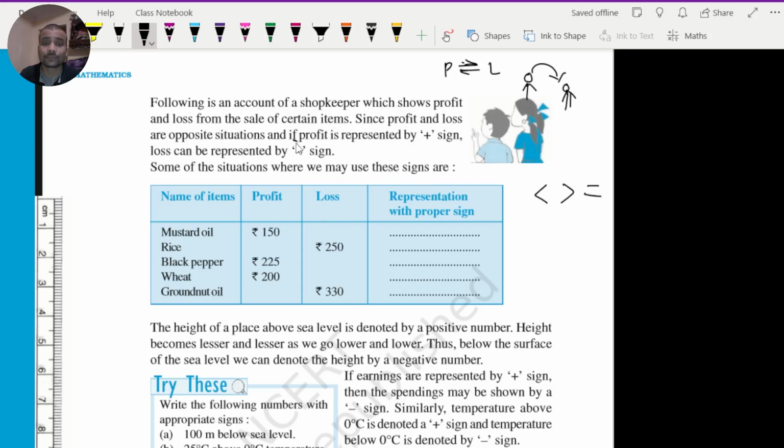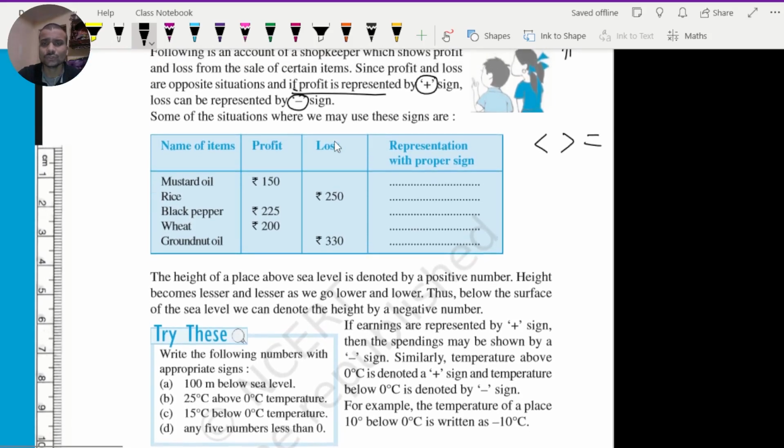So if profit is represented by plus, NCERT instructs us that if there is a profit we can use the word plus, and if there is a loss, we can use minus. Some of the situations where we may use this sign are given here, so you can solve them.